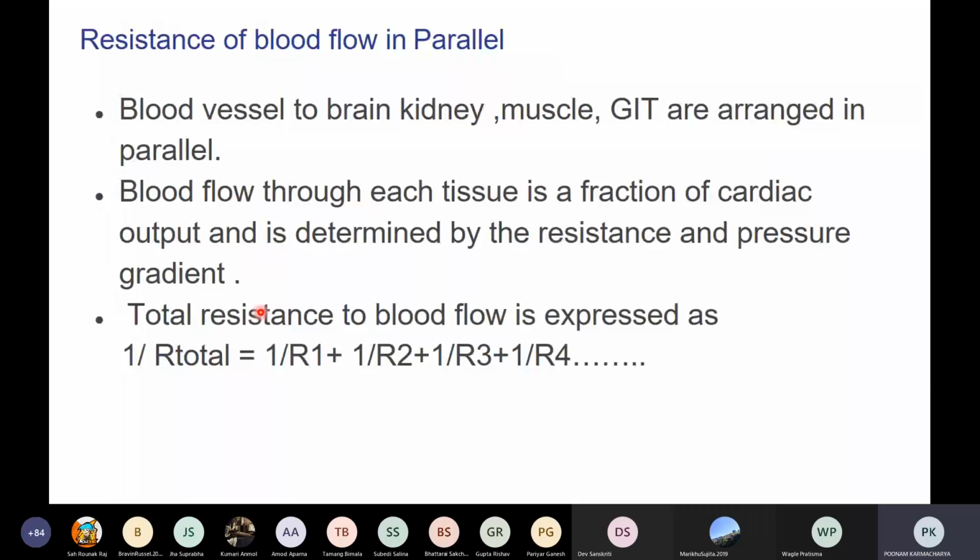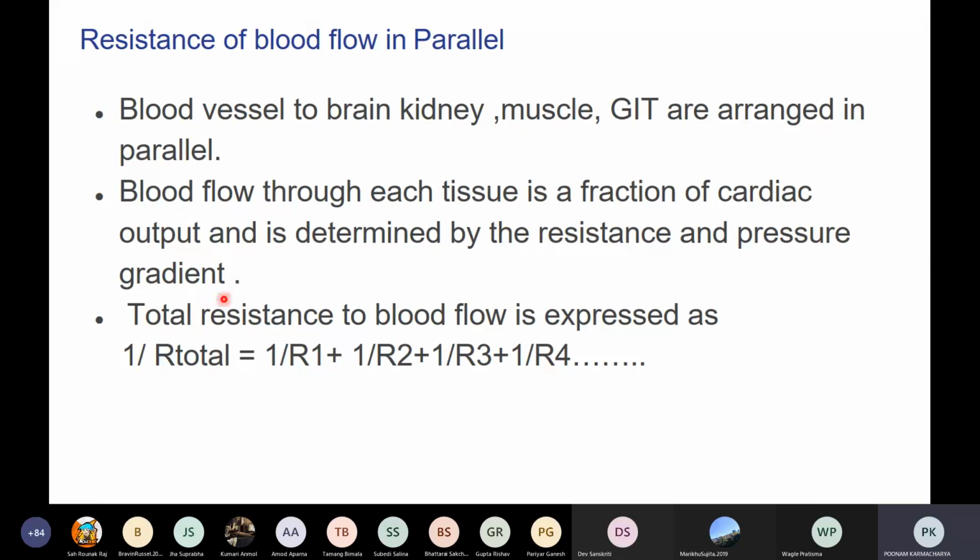When we talk about resistance of blood flow in parallel, the blood vessels to the brain, kidney, muscle, GIT are arranged in parallel. So blood flow through each tissue is a fraction of cardiac output and is determined by the resistance and the pressure gradient.